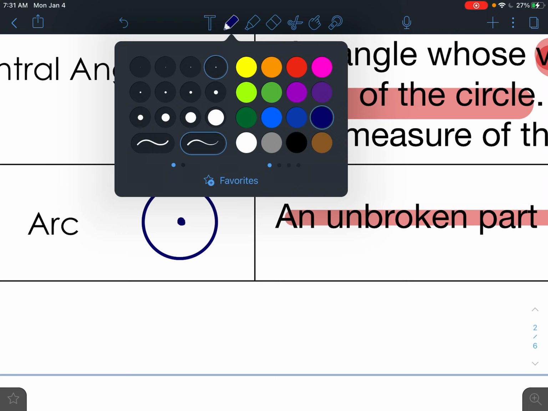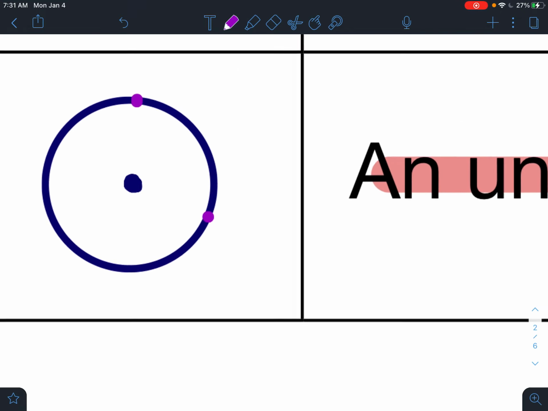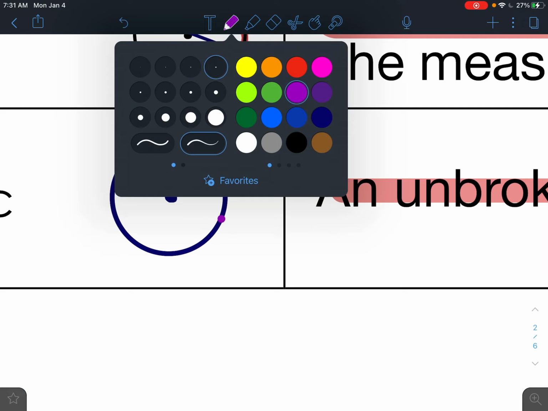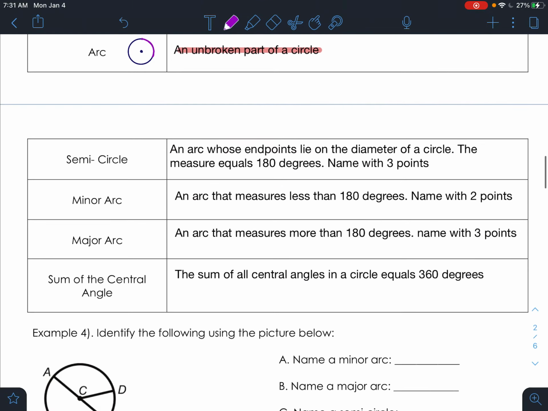But then I'm going to put two points along that circle, and what I'm looking for as my arc is this area right here. So what I'm drawing in purple right here is my arc. That's an unbroken part of the circle. Just like a line segment is part of a line, this arc is part of a circle.